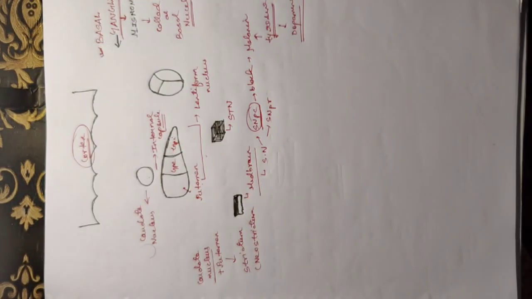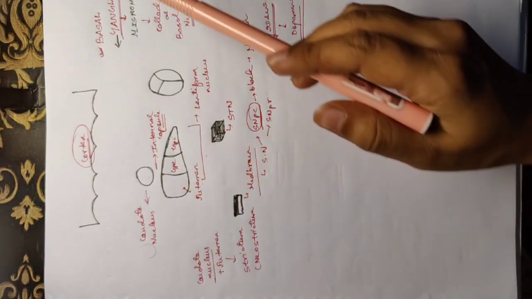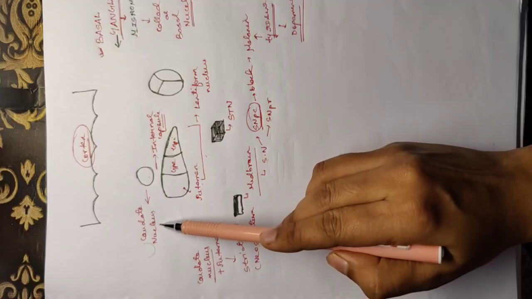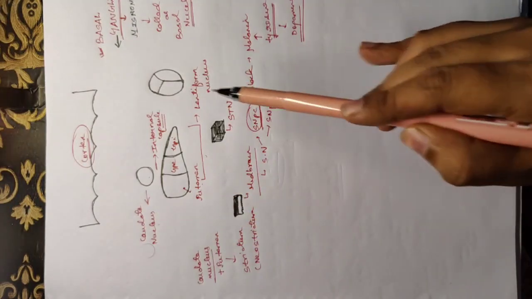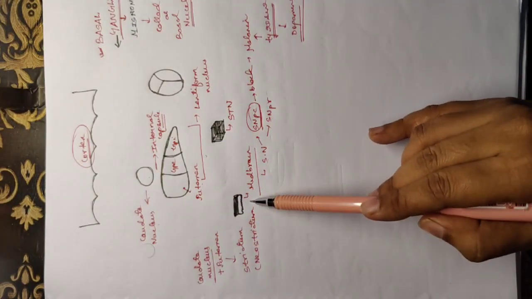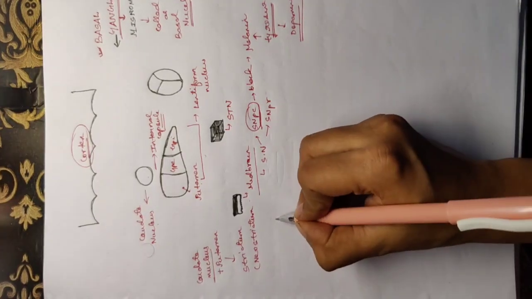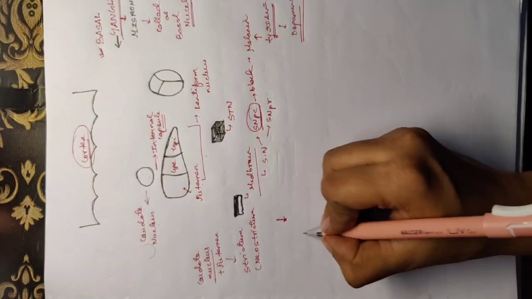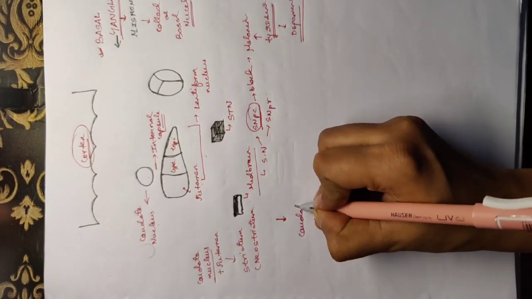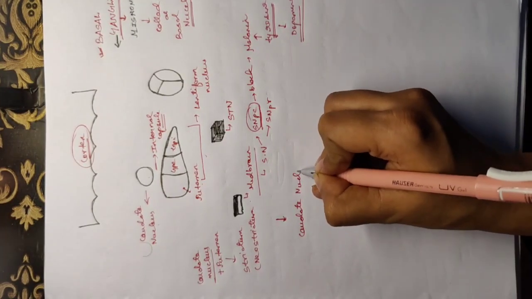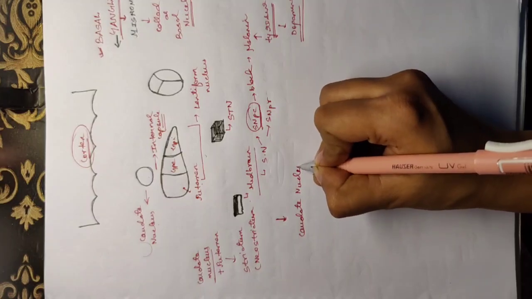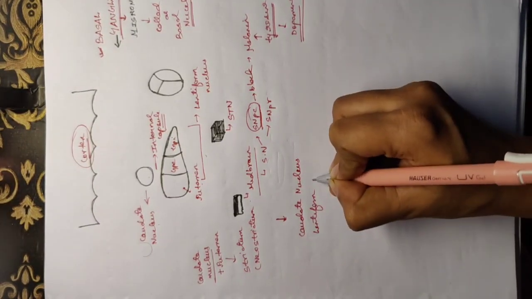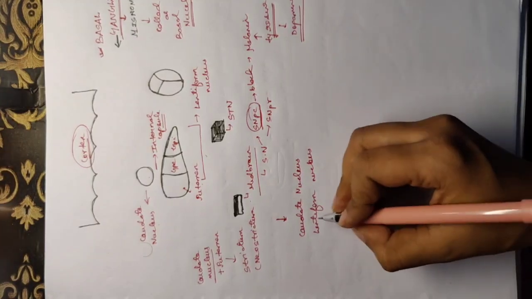So in basal nuclei, the structures included are the caudate nucleus, the lentiform nucleus, the subthalamic nucleus, and the midbrain. We should write it separately: caudate nucleus, lentiform nucleus, and what next?